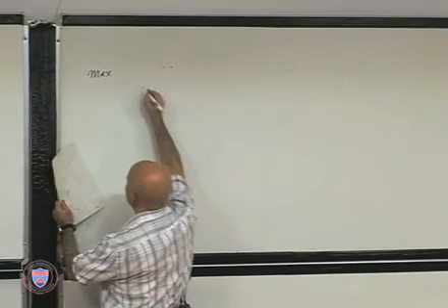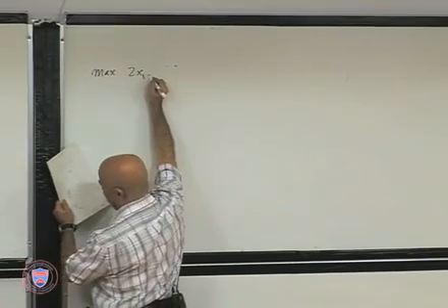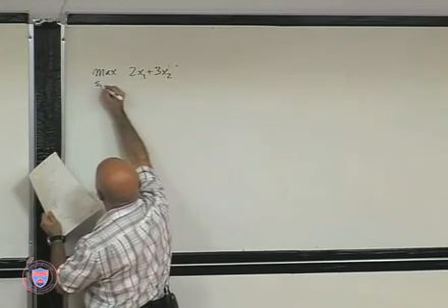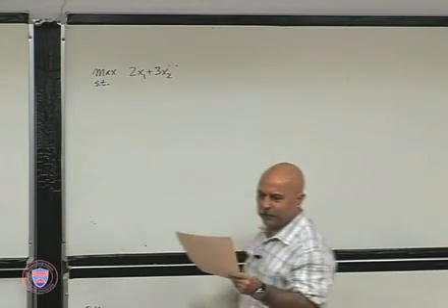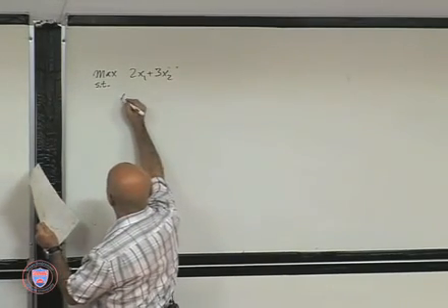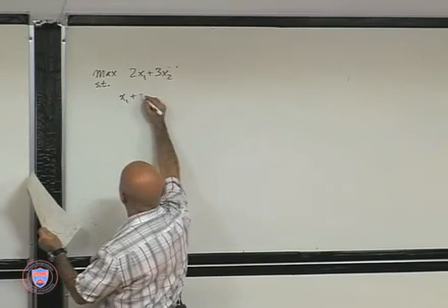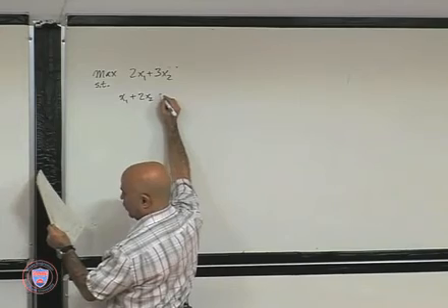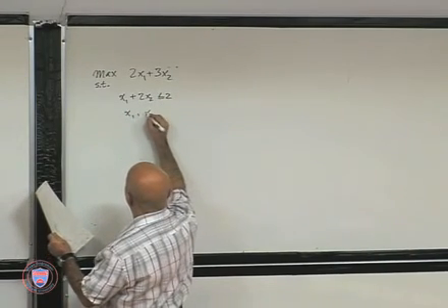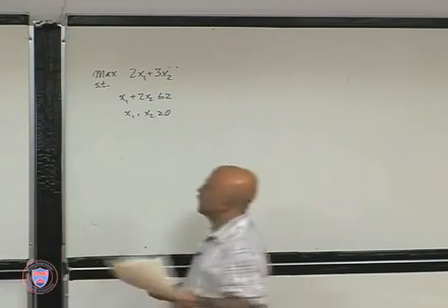This is a numerical example which is different from the one we had because I want one-dimensional vectors in the constraints. So I have a single constraint here, x1 plus 2x2 less than or equal to 2. That's my constraint. Okay?